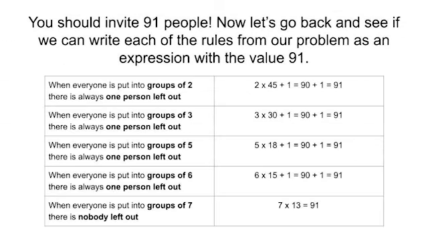Again, if you want to challenge yourself, you can think back to the expressions that we wrote for each way we describe that group of dots and try to write an expression that represents each one of the rules from our problem, now that we know that the value of each expression should come out to 91.